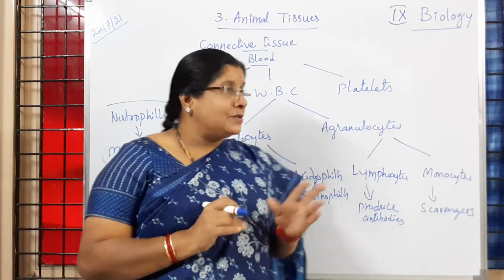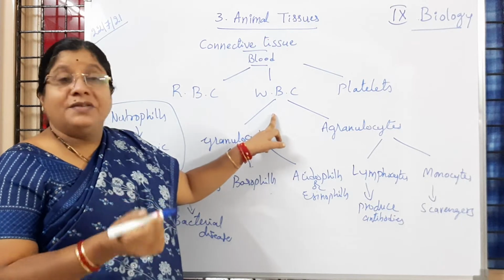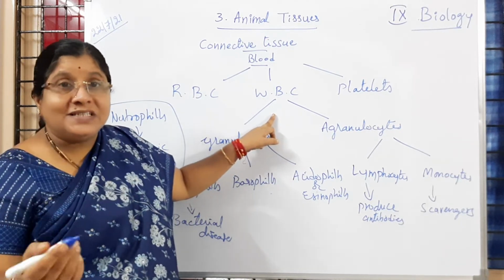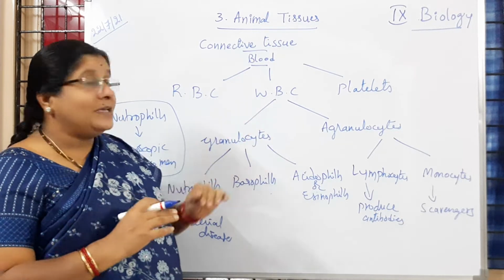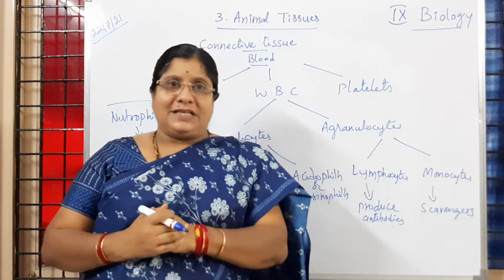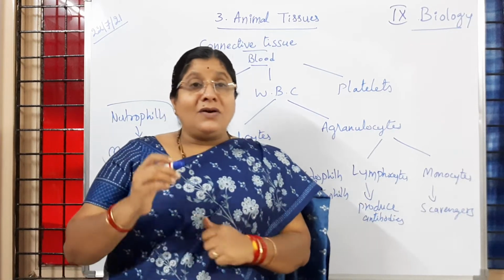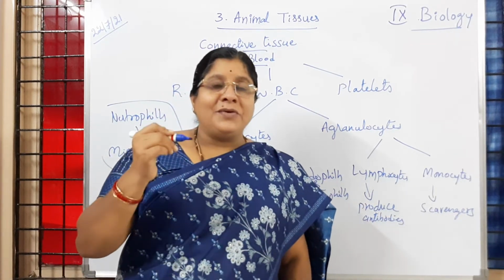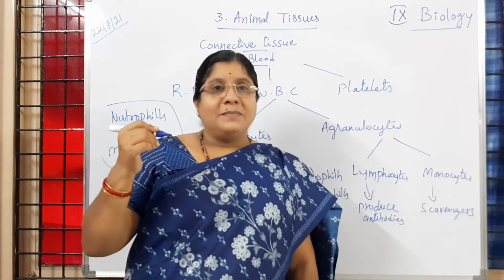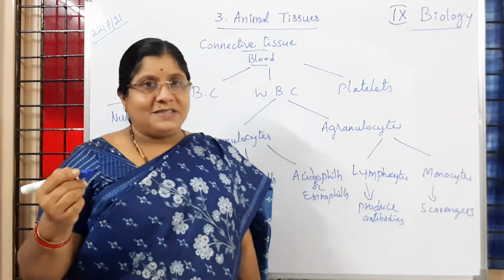Is it clear to you? Comparatively, WBC are fewer than RBC. When pathogens enter our body, obviously that number will increase, and that will help in controlling the pathogens. So in that way the WBC help in protecting our body from disease causing microorganisms. Is it clear to you?